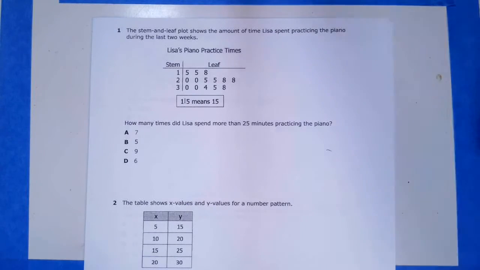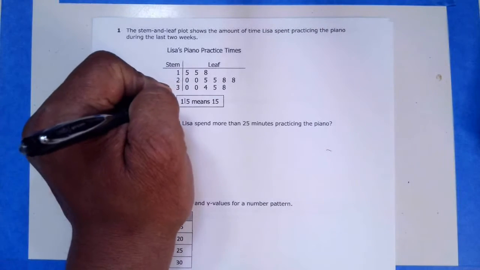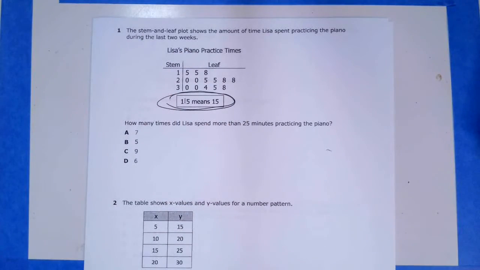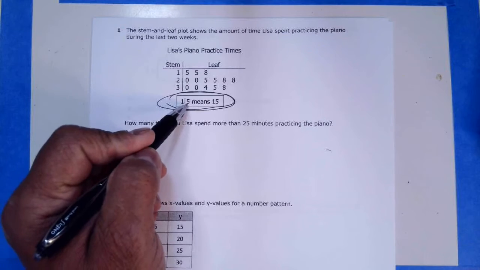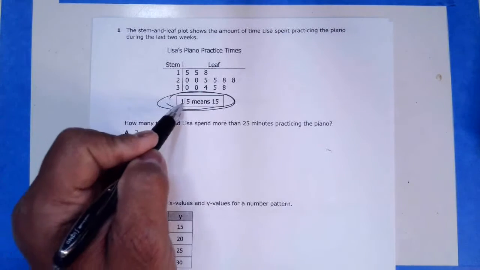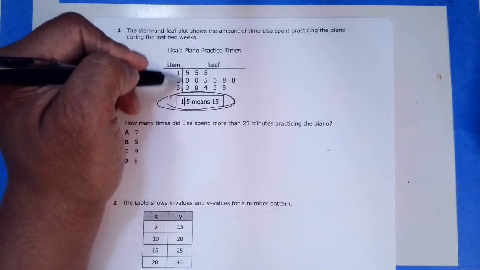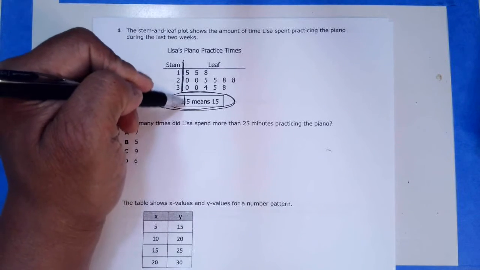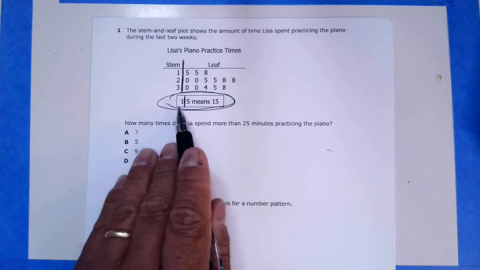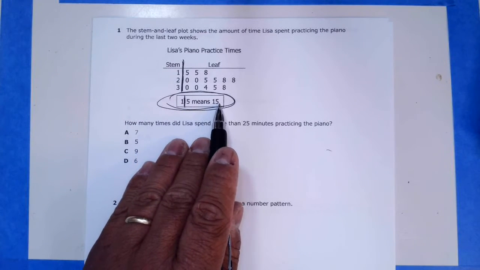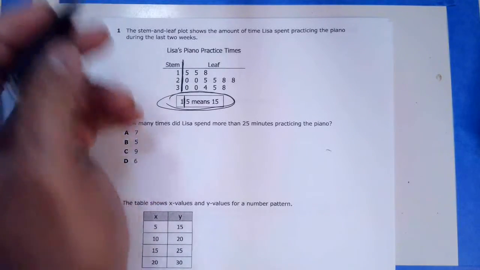For this question, first of all, I always want everybody to circle this part right here on the stem and leaf. This means 1/5. This slash right here is this right here. So 1/5 means 15.